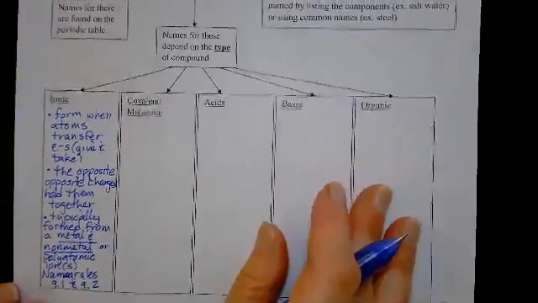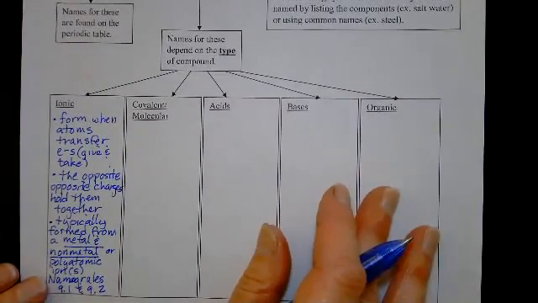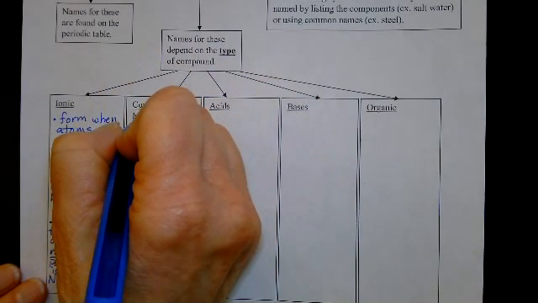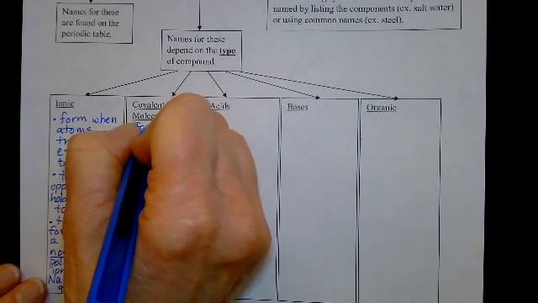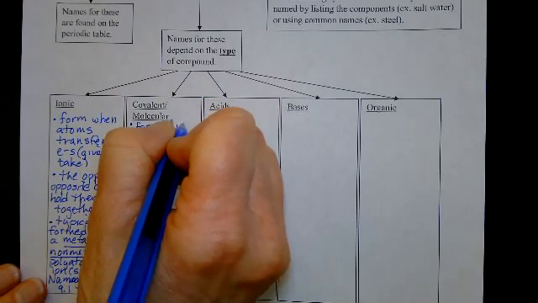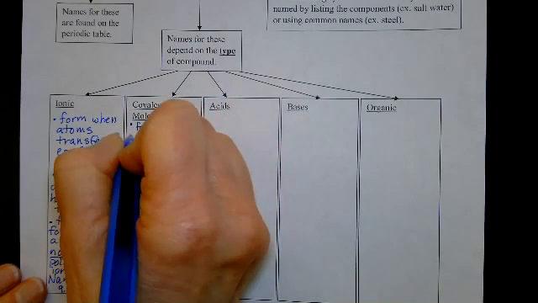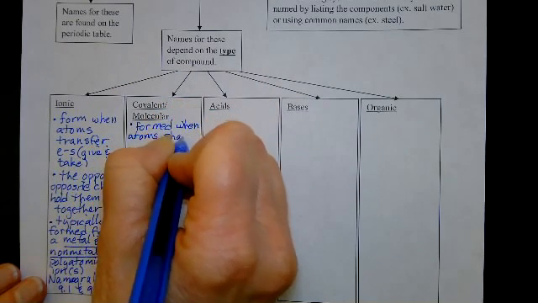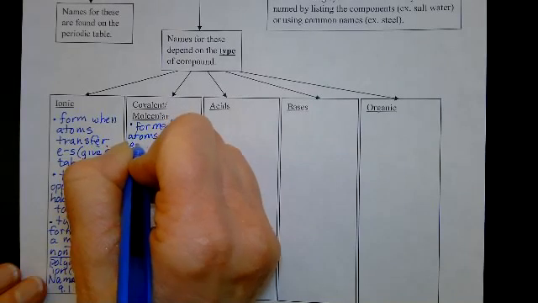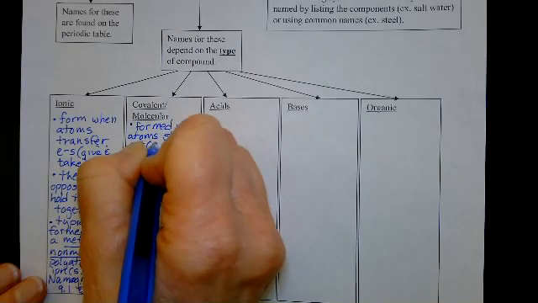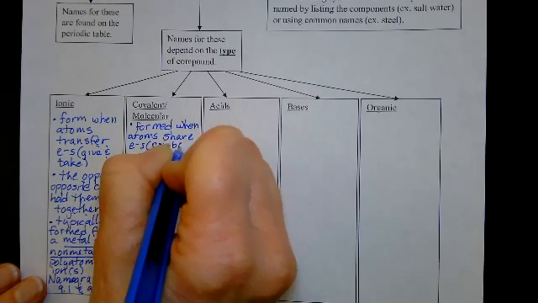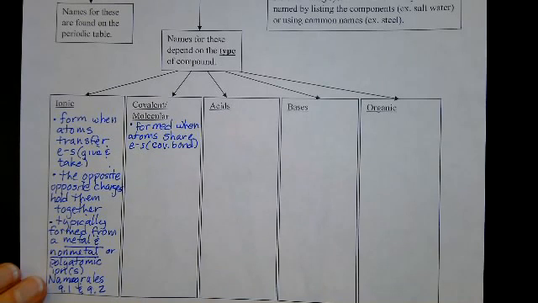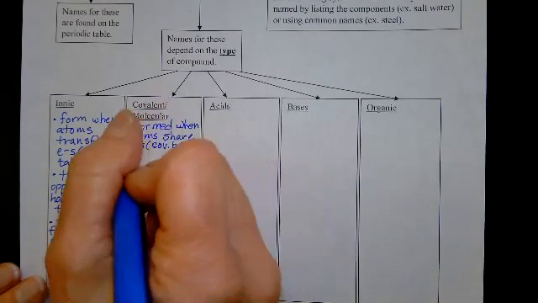The next up are covalent and molecular compounds. These are formed when atoms share electrons. That's what a covalent bond is. Remember, both ionization and sharing of electrons are formed in order to stabilize and get to octet.